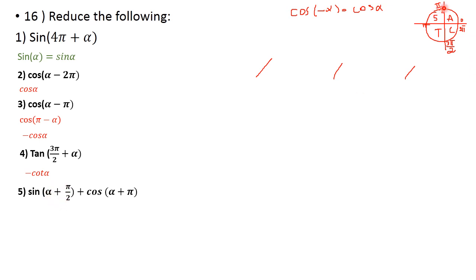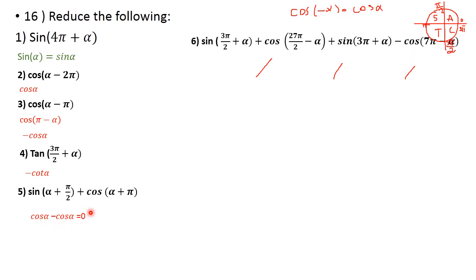But because we have pi over 2, the sign becomes cosine. Now cosine alpha plus pi is the same as cosine pi plus alpha. We are in the third quadrant, so this is negative. So we have cosine alpha from the first expression and minus cosine alpha from the second expression. And now cosine alpha minus cosine alpha is 0.